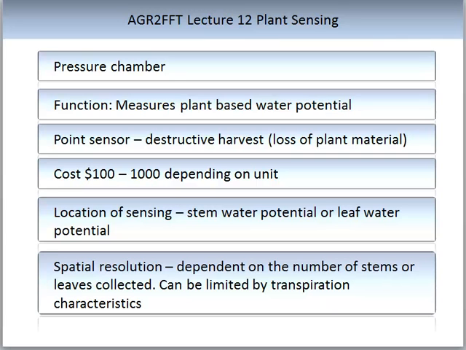It is important to understand the location of your sensing and the objective of your sensing. The objective will determine your location. You can either sense the stem water potential or the water potential of the leaf. The spatial resolution characteristics of this sensor are dependent on the number of stems and/or the number of leaves that are collected. Often this is limited by transpiration characteristics. What we mean by this is that transpiration tends to readily increase in the early parts of the day.